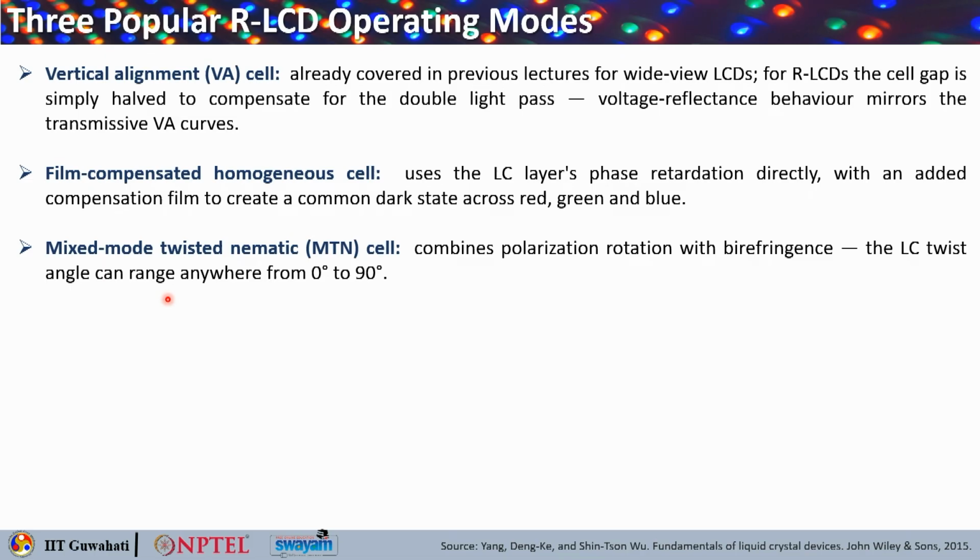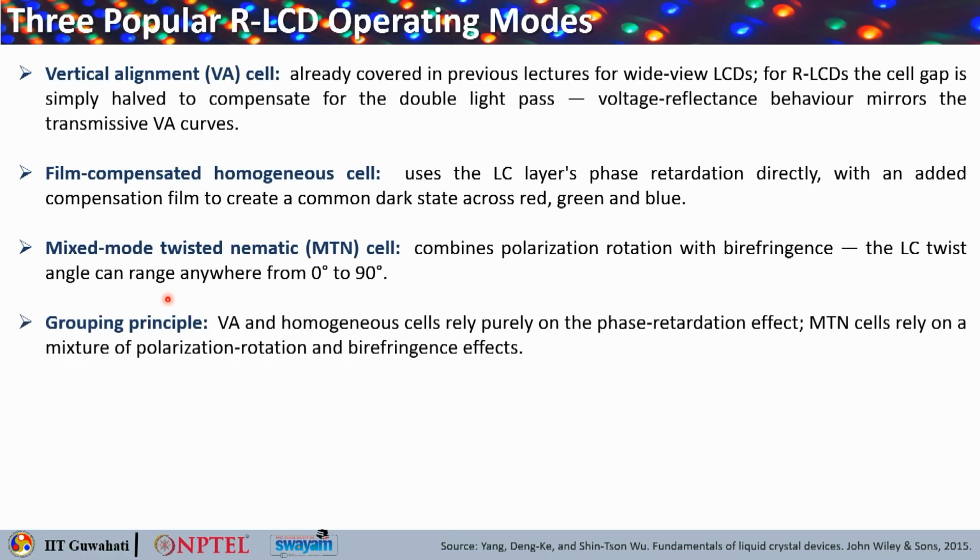So, this mixed mode twisted nematic cell basically combines the polarization rotation, as I mentioned, with the birefringence. The liquid crystal twist angle can range anywhere from 0 to 90 degrees.